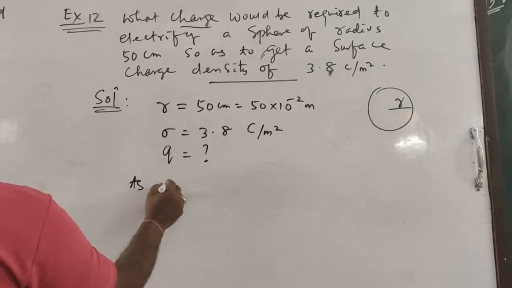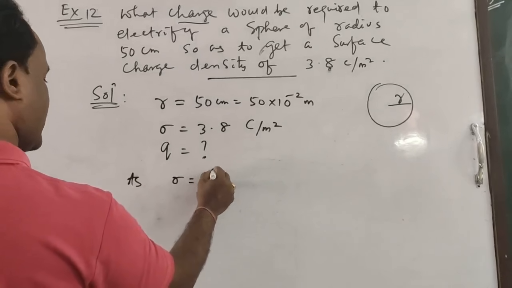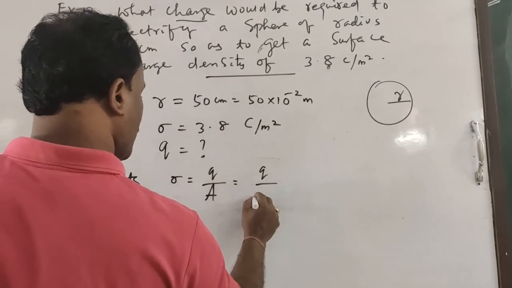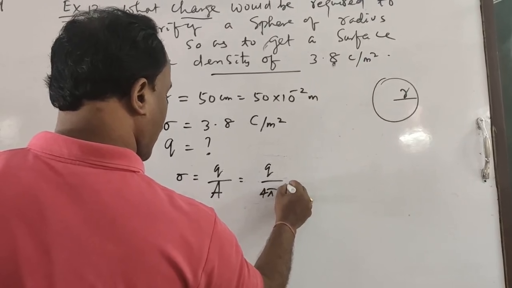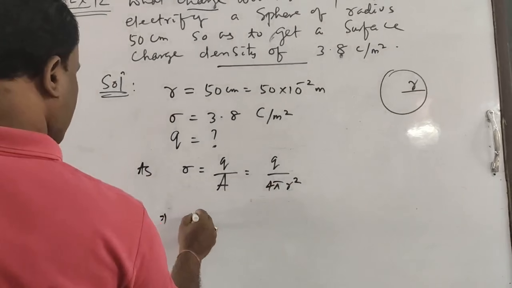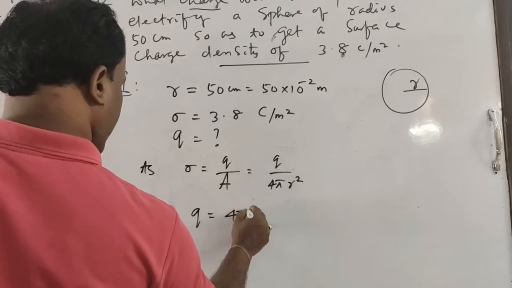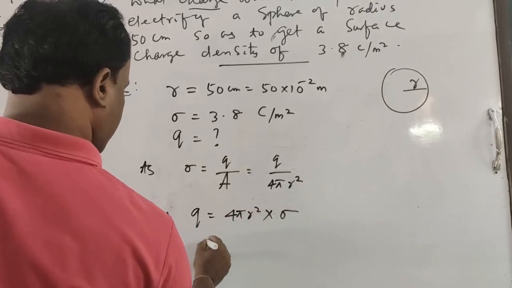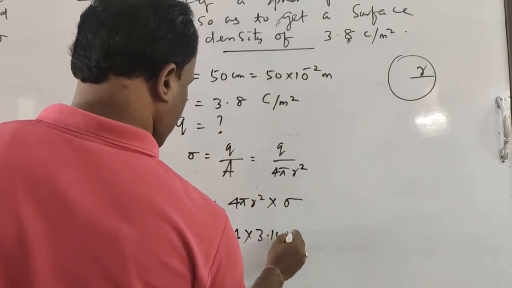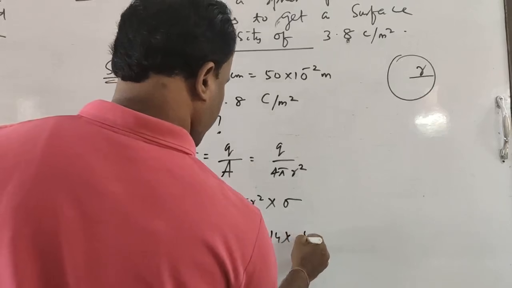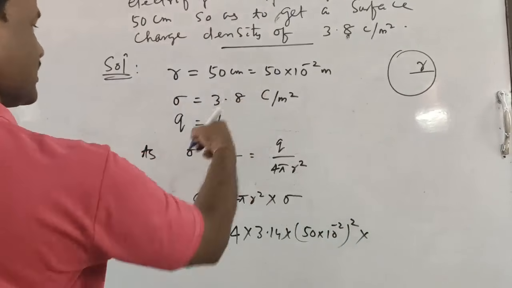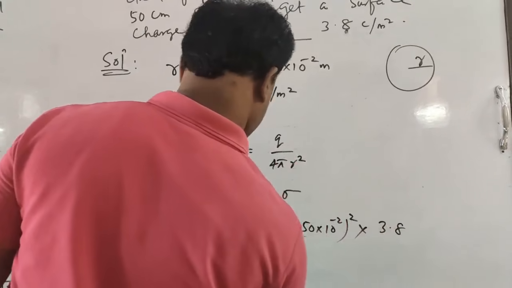How much charge is required so as to electrify it to this charge density. As you know, surface charge density is equal to charge distributed per area. Area means here 4 pi r square, the area of the sphere, and here q is equal to 4 pi r square multiplied by sigma. See here 4 pi r square means 50 into 10 to the minus 2, whole square, multiplied by sigma, which is 3.8.